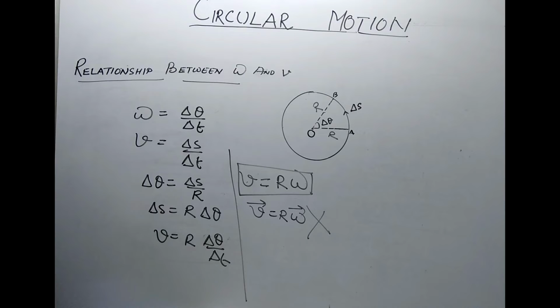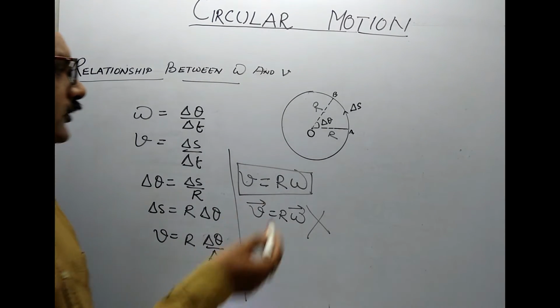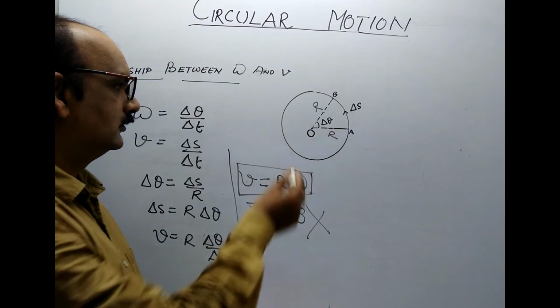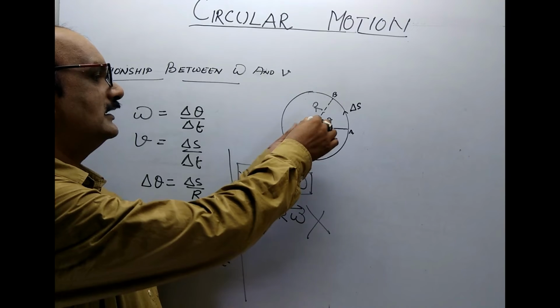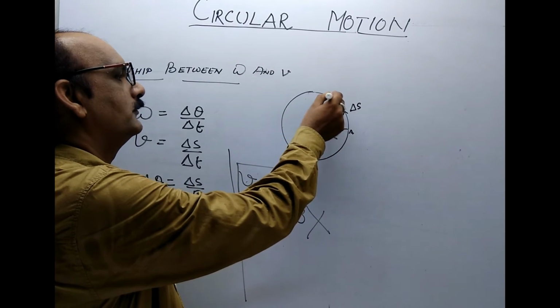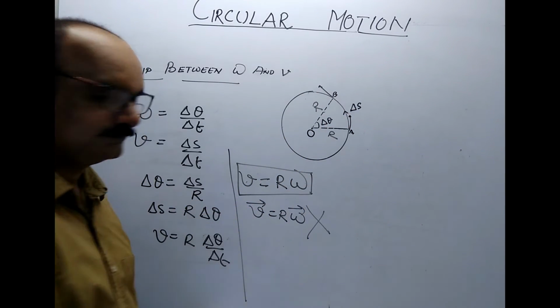Right, because v is a polar vector and omega is a axial vector. v और omega दोनों की डायरेक्शंस अलग अलग हैं. Omega will act along the axis of rotation. Right? Omega जो है वो इस एक्सिस के अबाउट एक्ट करेगा, एंड वेलोसिटी इस पॉइंट पे वेलोसिटी इधर होगा, इस पॉइंट पे वेलोसिटी इधर होगा.